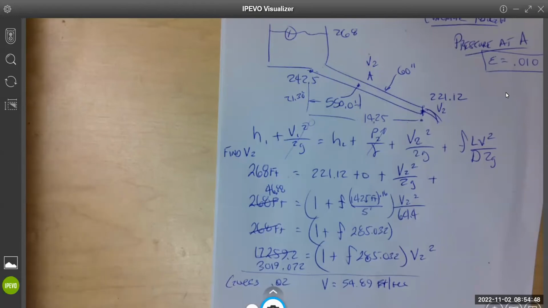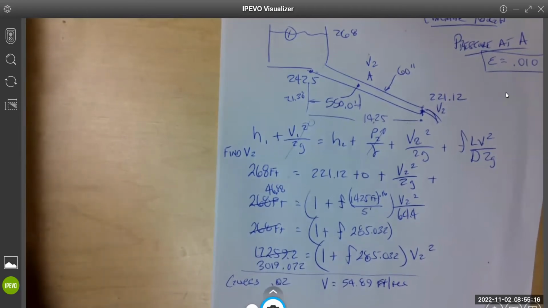I can do it. 3019. What pipe was it? Do you remember? Rough, concrete rough. So now I need the square root of this creature.